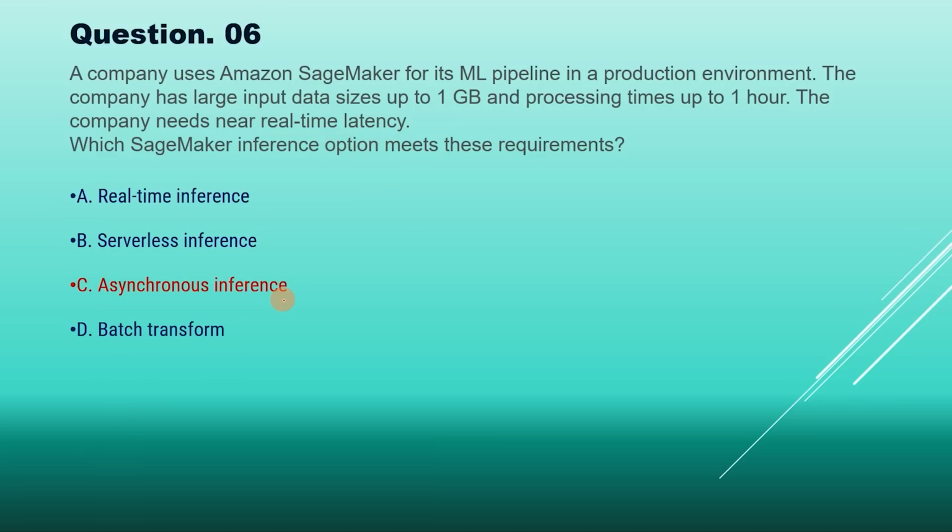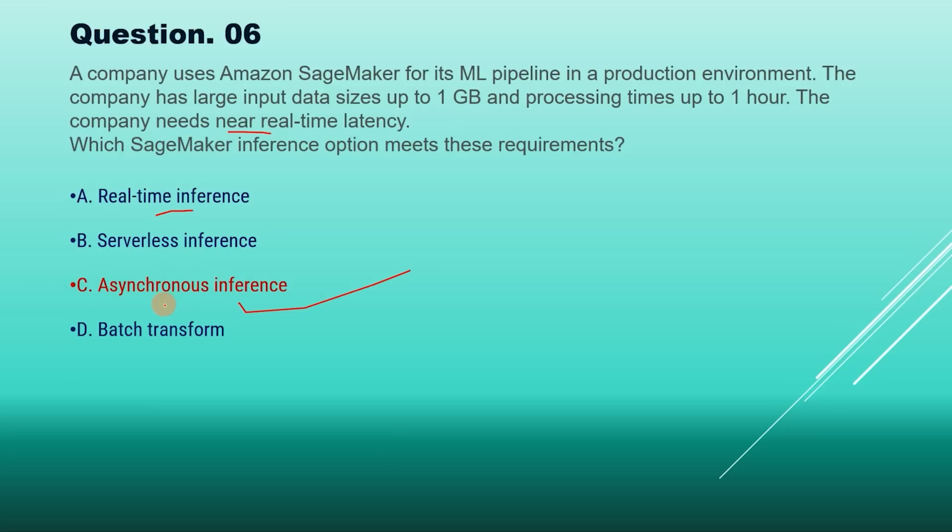So the correct answer here will be asynchronous inference because it needs near real time latency. So this will be the best possible solution due to that reason. Because if we think about real time inference, it gives an immediate response for high traffic and low latency applications.